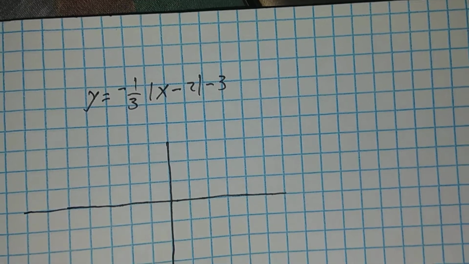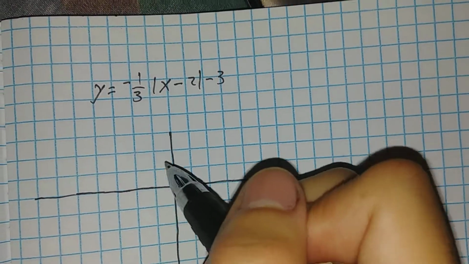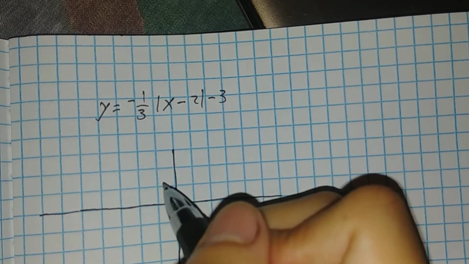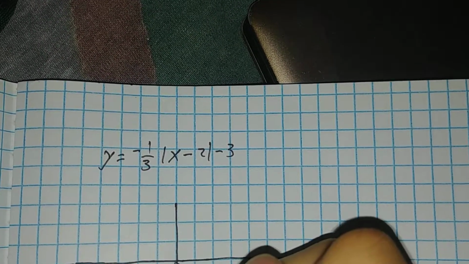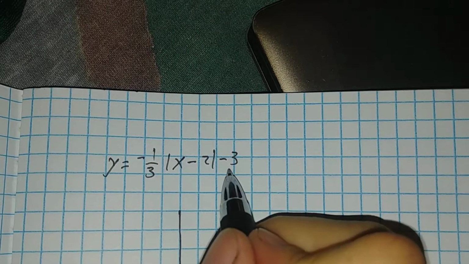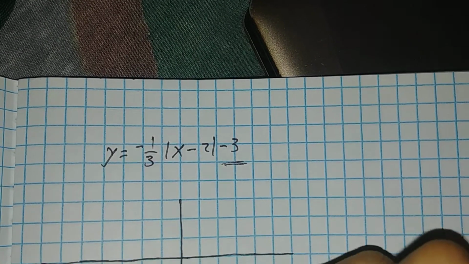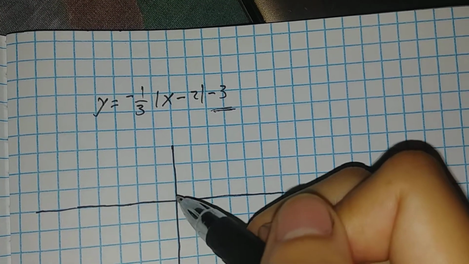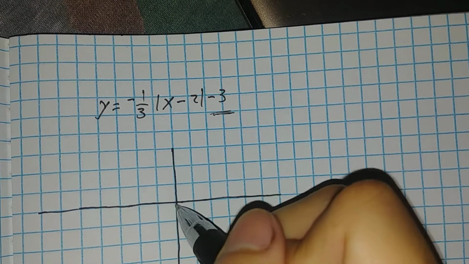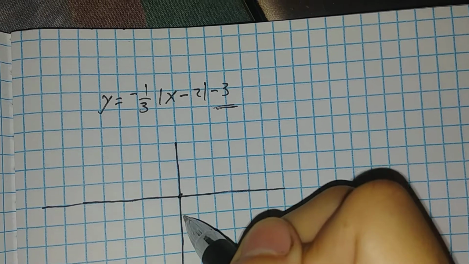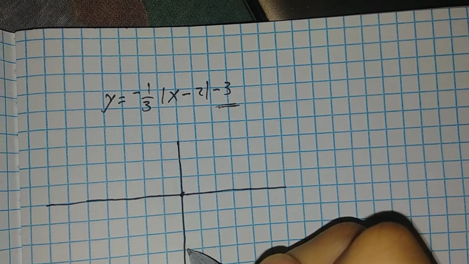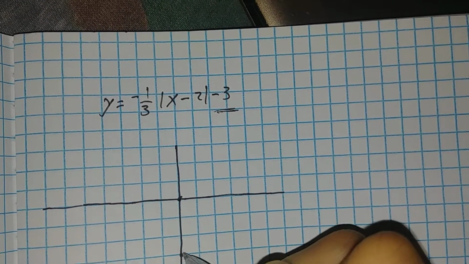All right, let me begin at this point. This represents a vertical shift 3 units down. So let me take my point from the center and go 3 units down. 1, 2, 3 units down.